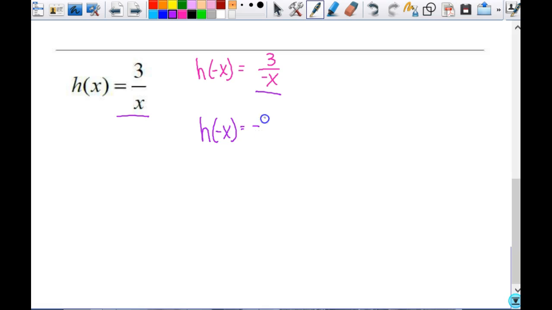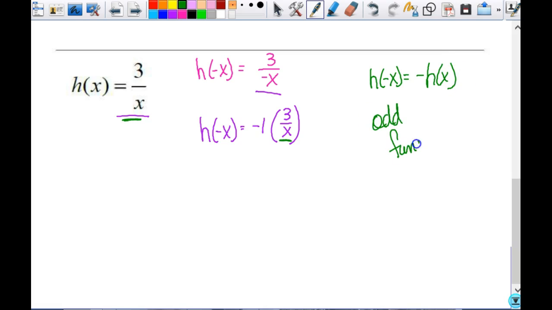I'm going to factor out my negative 1. When I do that, that gives me 3 over x. So then when I look at it, this right here is h of x, which means this is negative h of x. So since h of negative x equals negative h of x, this is an odd function. There you go.